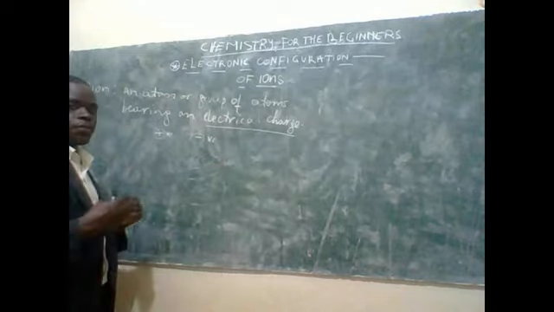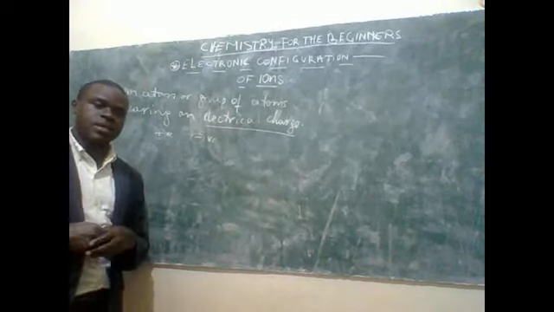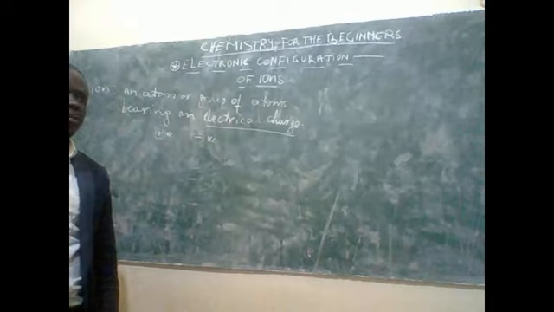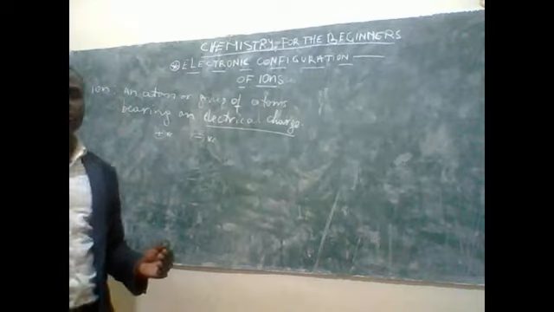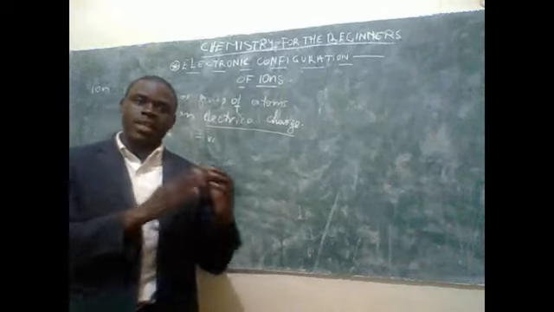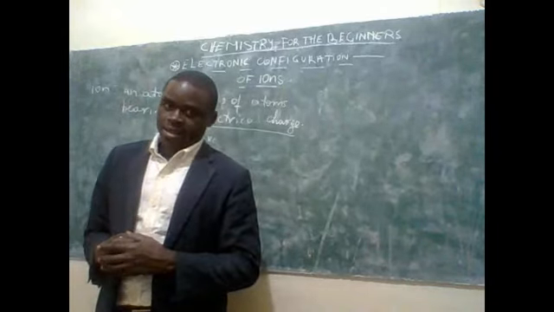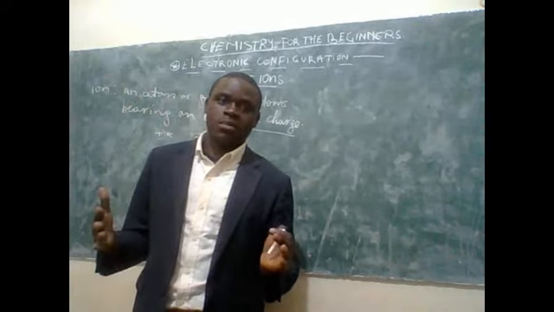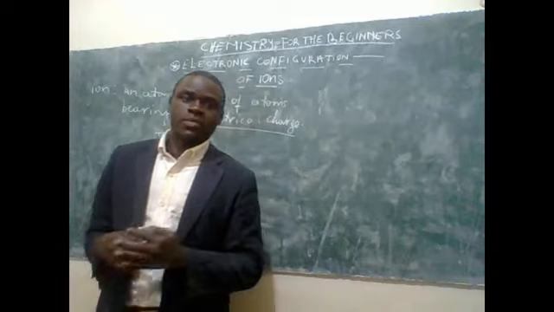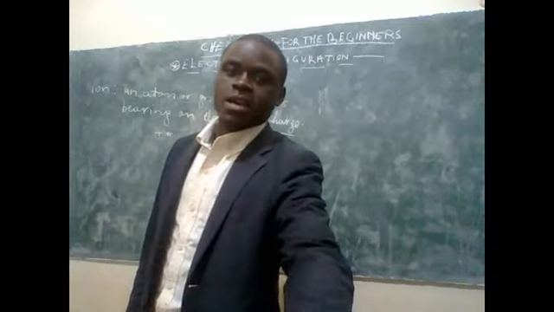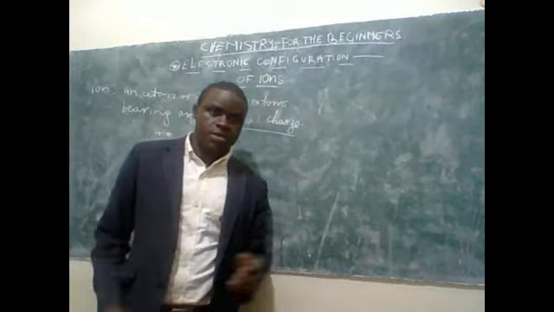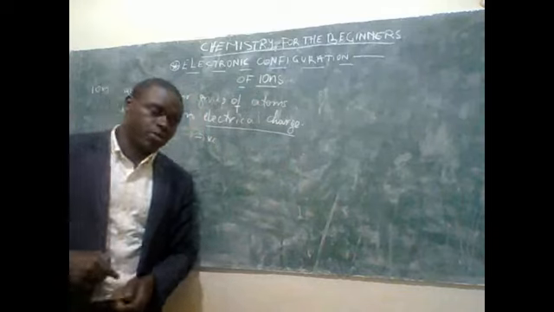In previous lessons, we studied how to find out if an atom is metallic or non-metallic. We are going to draw a periodic table showing which part is metals and which part is non-metals.